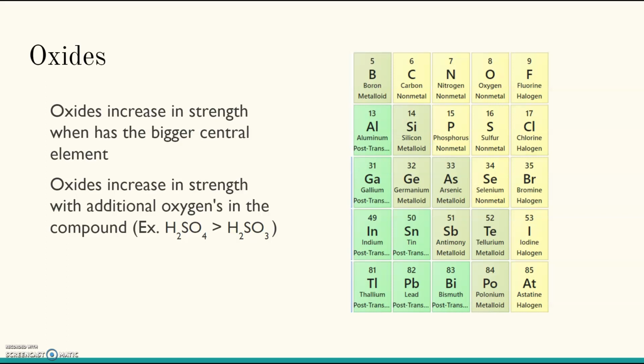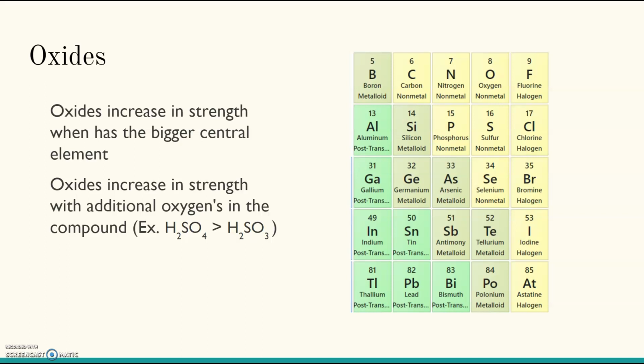Next, the more oxygens that you have around it is going to end up increasing the strength of the acid. So in the case of sulfate, which is SO4, versus sulfite, which is SO3, since the sulfate has more oxygens, it will end up being a stronger acid.